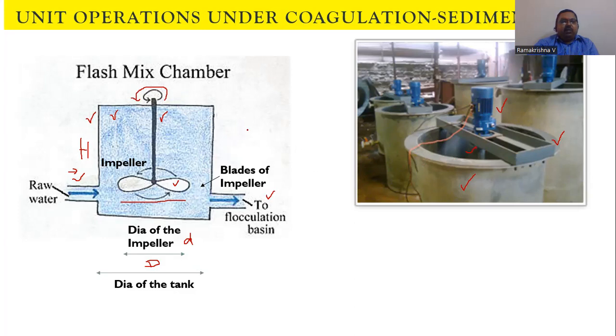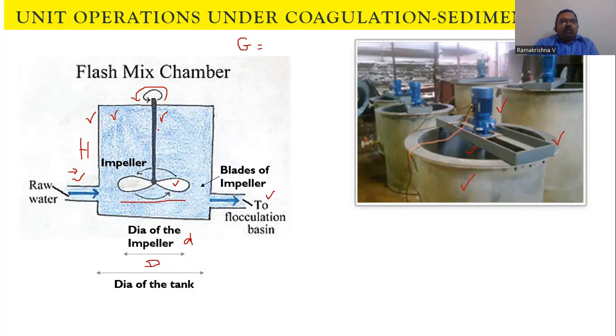So the most important parameters in the design, the first one is the average velocity gradient, which we normally denote as G, average velocity gradient or mean velocity gradient. What does it indicate?